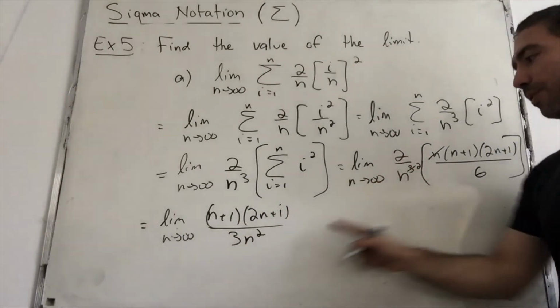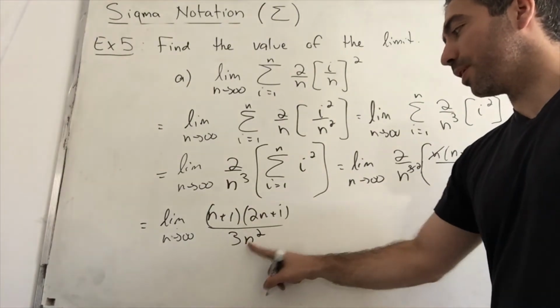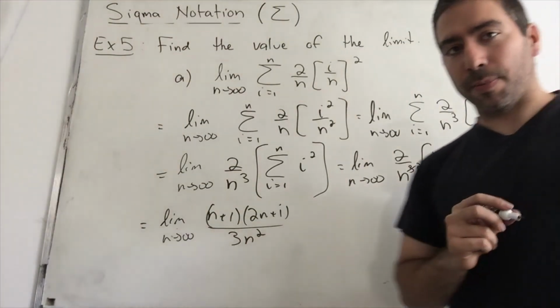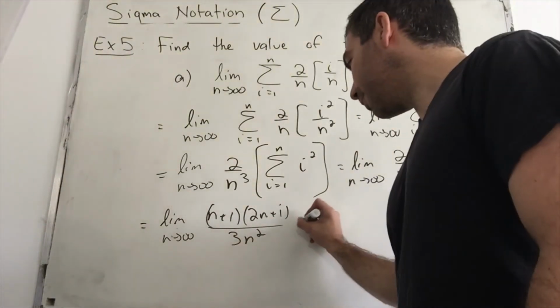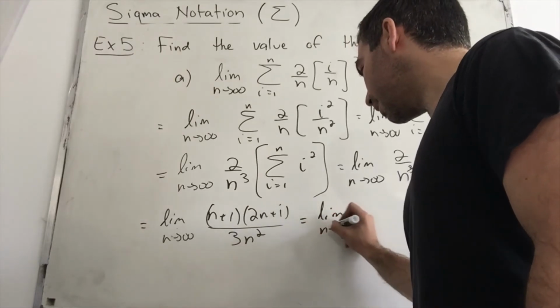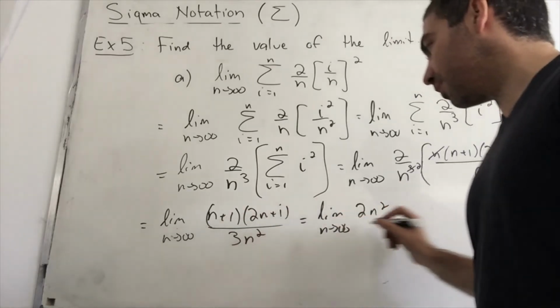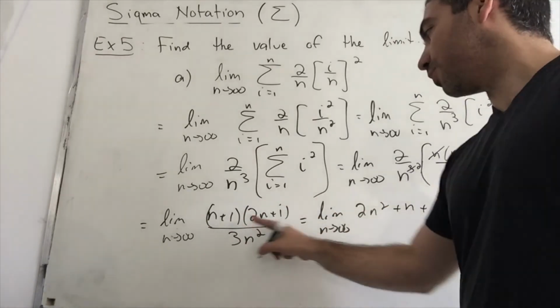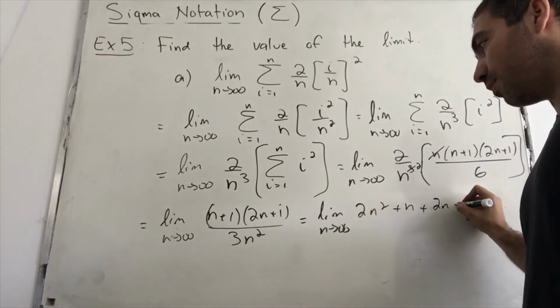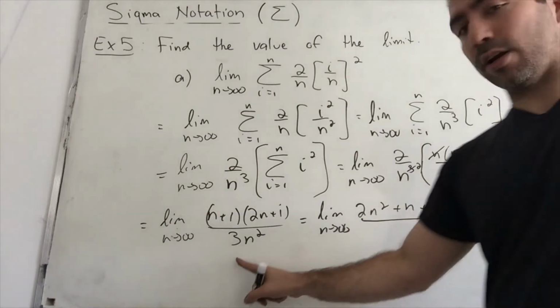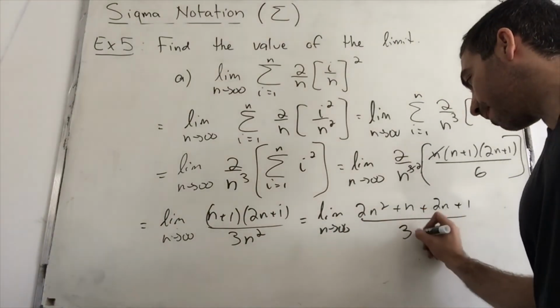Because 2 over 6 is 1/3, we're left with a 3 on the denominator and the n squared because the n's cancelled. Okay, so next we can distribute the numerator, leaving us with the limit as n goes to infinity. n times 2n is 2n squared, n times 1 is n, 1 times 2n is 2n, and 1 times 1 is 1, and on the denominator we have 3n squared.